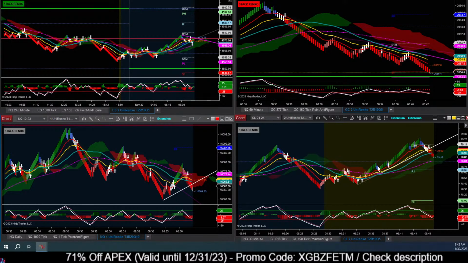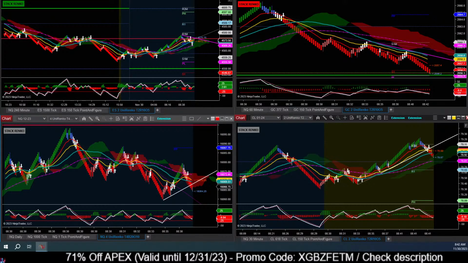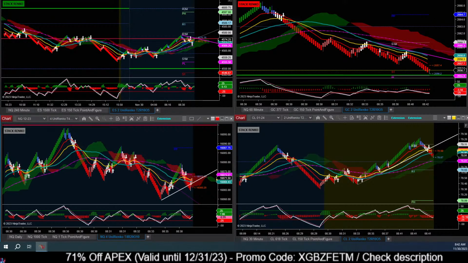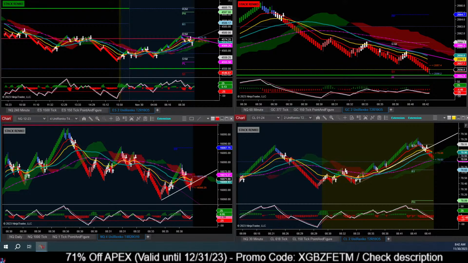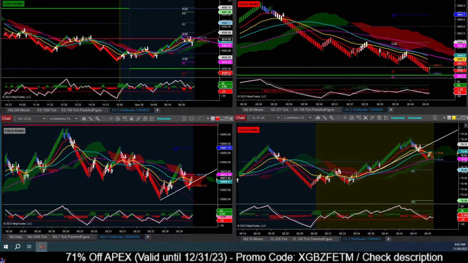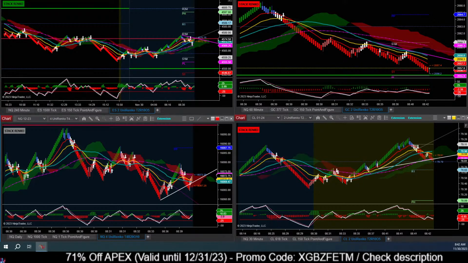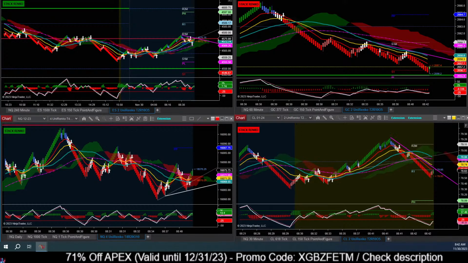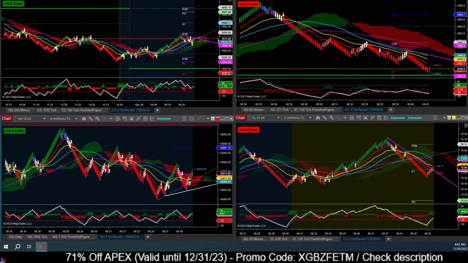Gold touching previous low now, kind of, a little bit above. That would be $200 and $160 from the break or from the wick.